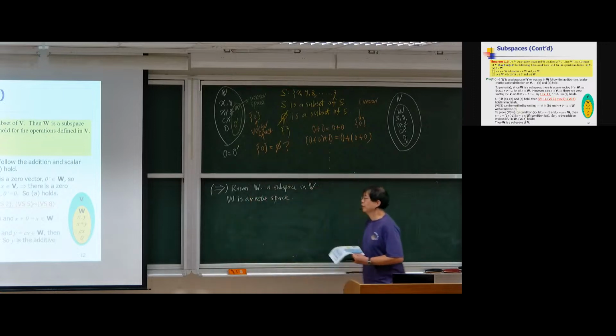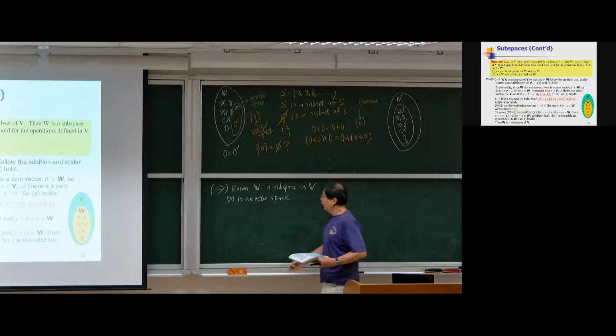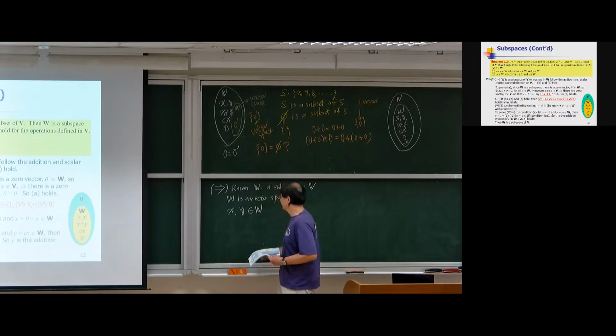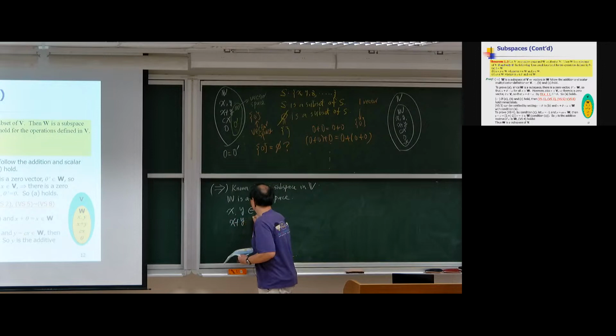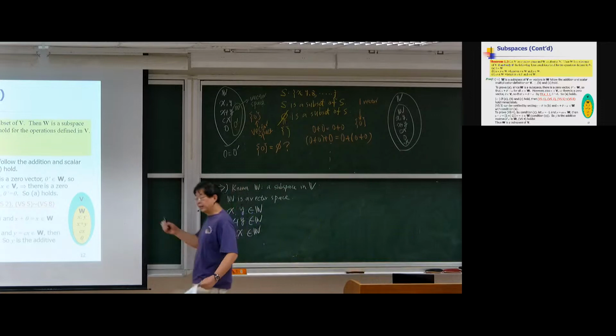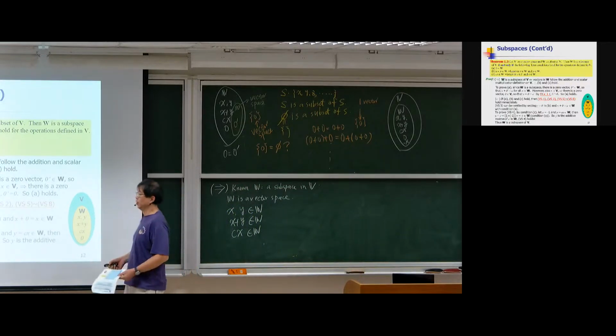So whatever vectors x, y in W in the vector space, x plus y is in the vector space, and cx is in the vector space. They hold immediately, because that is in the definition of a vector space.